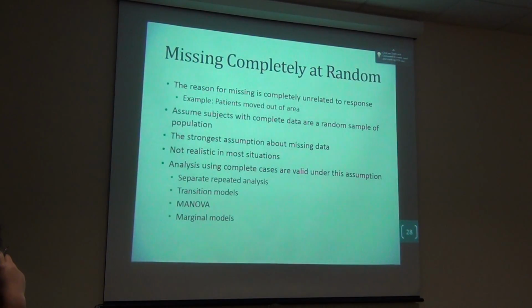And if you assume missing completely at random, you assume that the subjects with complete data are a random sample of the whole population. Okay? So in the analysis, you can just use the complete cases, the patients with all the observations, because you're willing to assume that the missingness has nothing to do with the response. The people for whom you actually observe all the responses are just a random sample of the whole patient population.